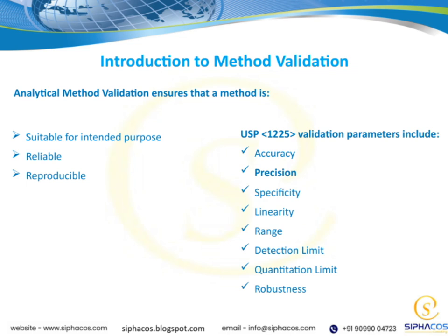Robustness assesses how well the method performs under slight variations, and all of these factors together help ensure the method is suitable for its intended purpose. Ultimately, a validated method should be reliable and reproducible, giving us confidence in our analytical results. This is fundamental to maintaining quality and compliance in our work.